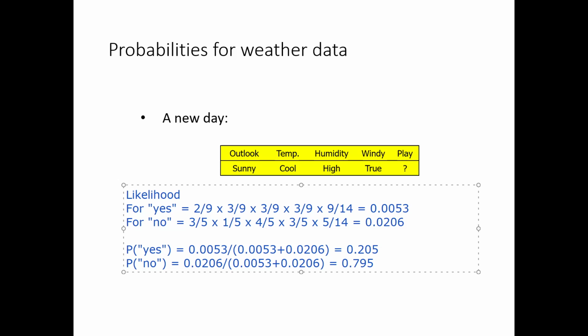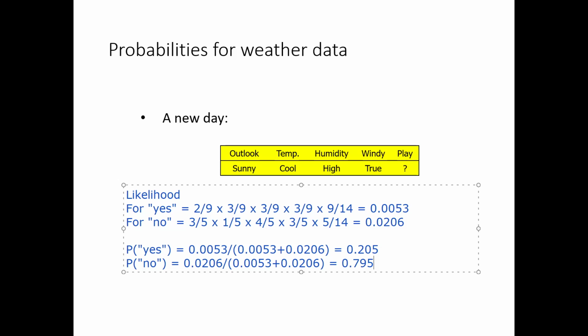So you can see the outcome of naive Bayes: given a new day, the outcome is not simply yes or no. If you look for one answer, you have to say the play should be no because you have the largest probability.